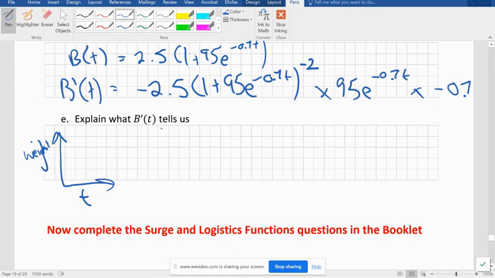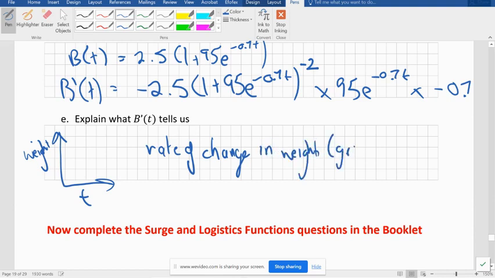That tells us that the rate of change in weight, let's be specific, grams of bacteria, I hope you can read my writing, over time. I'm just looking for some units there, some explanation, okay? So we're basically looking at how the weight is changing over time, okay? And that's it for the booklet here, okay?